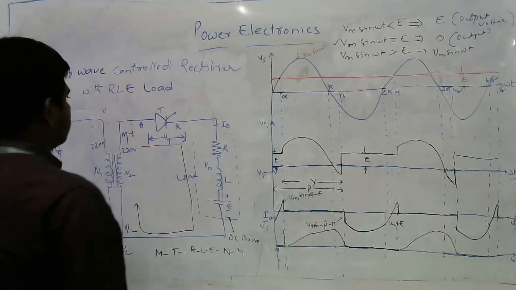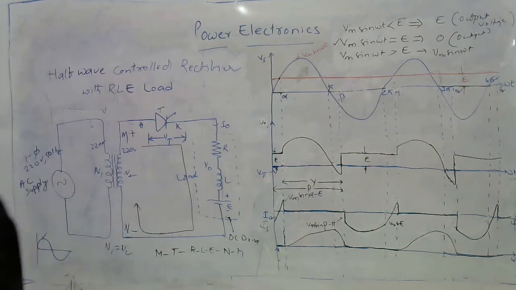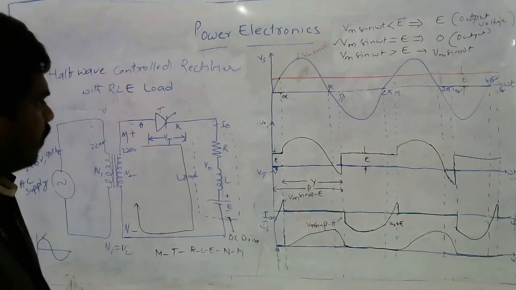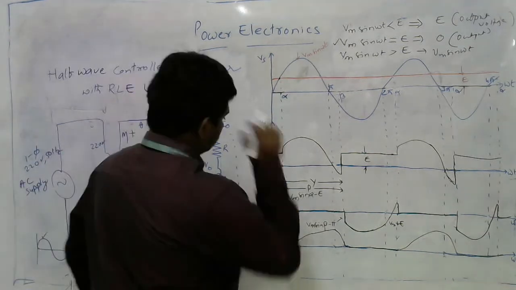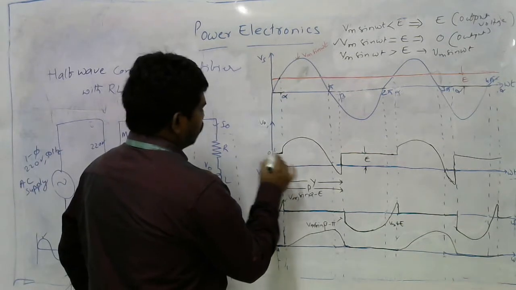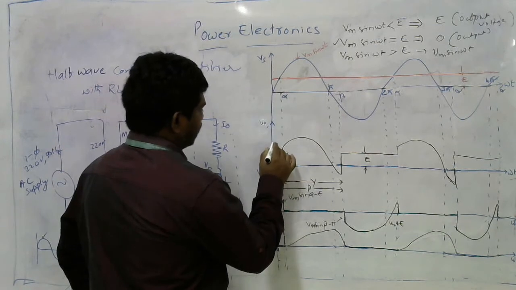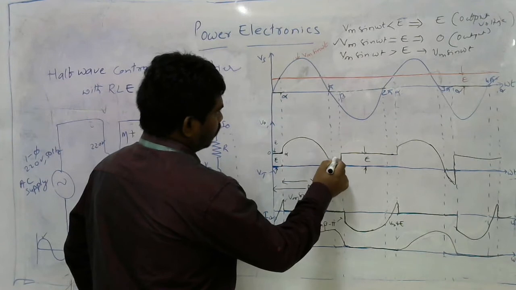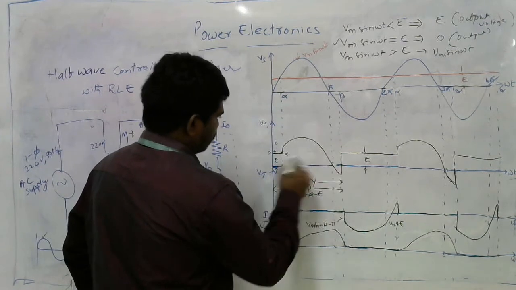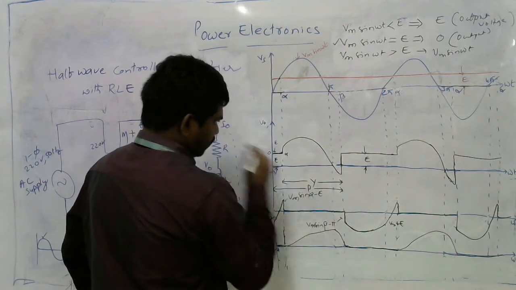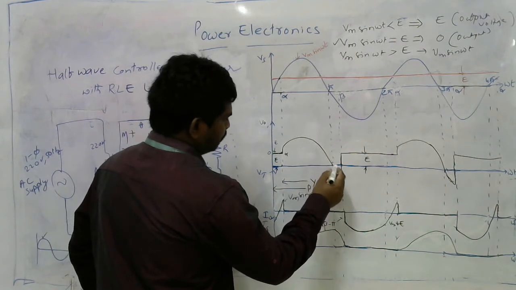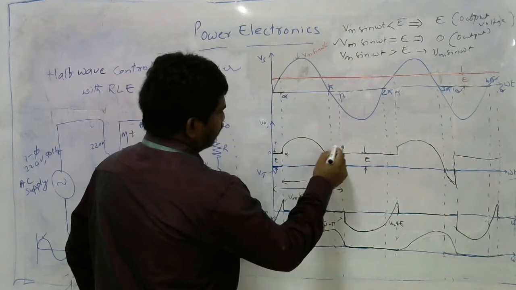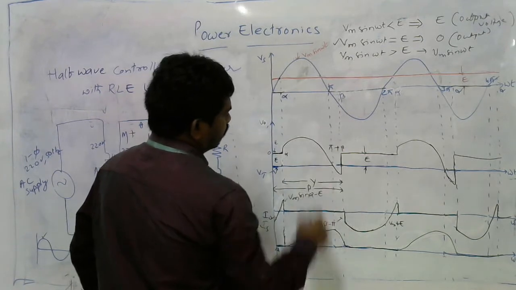So, how do you write the expressions for this type of circuit? See, from 0 to alpha, we have E. Remember like that. From alpha to beta, otherwise pi plus beta.